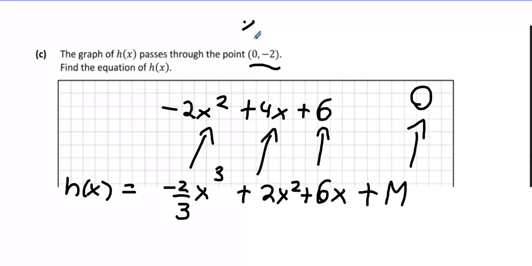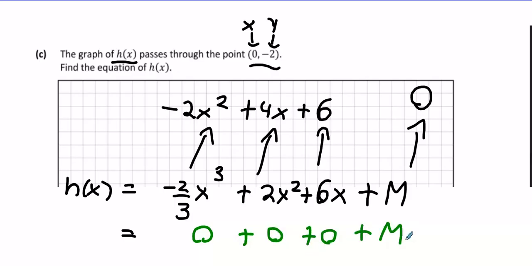When the x value is 0, the y value is, using the original function, see all these x's, what happens to them? 0, 0, 0, and M. And that's minus 2, therefore M is minus 2, and therefore your original function is right there. Done.